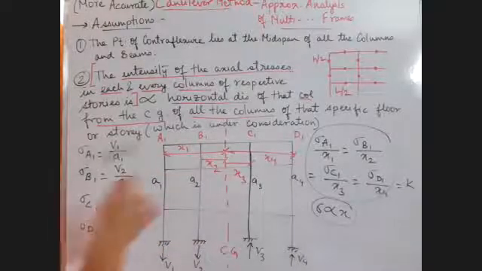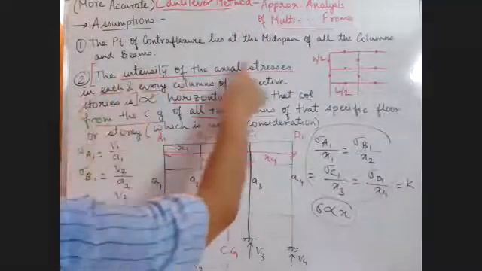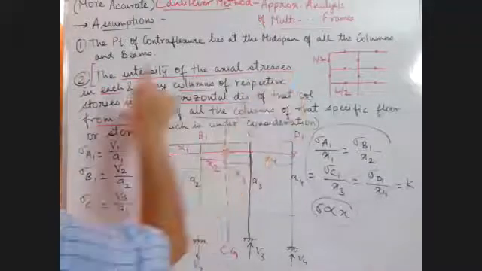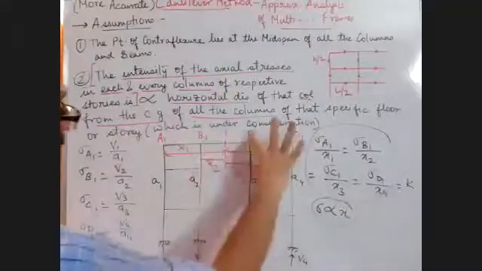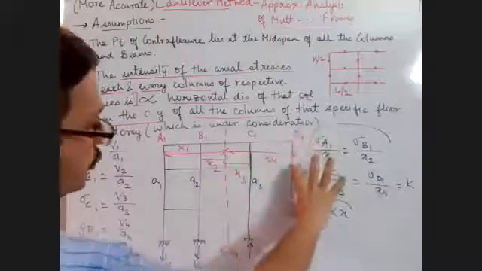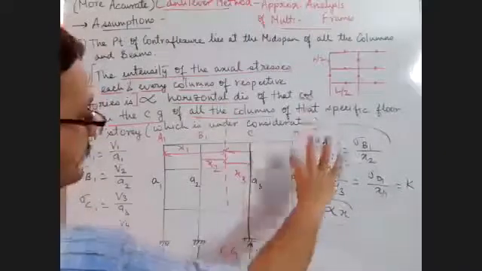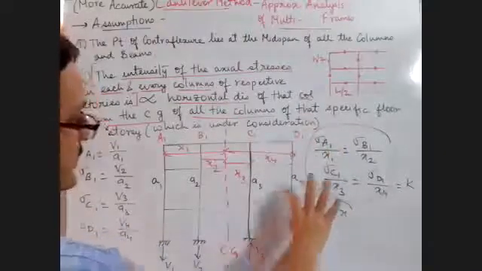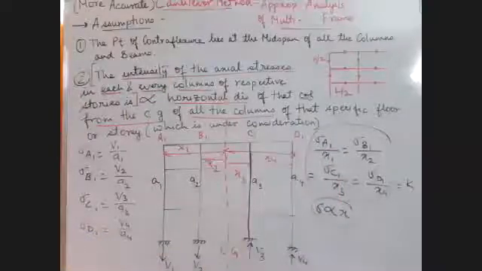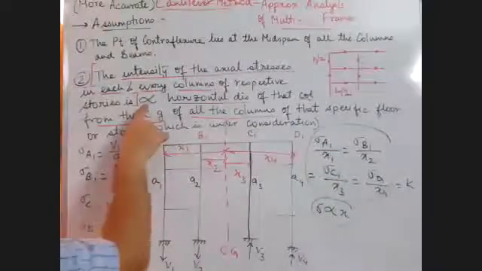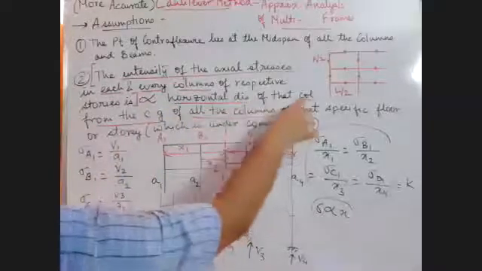Again, the intensity of the axial stresses in each and every column of the respective stories, meaning story 3, story 2, story 1. In every story I will check the intensity of the columns, and that is proportional to the horizontal distance of that column.